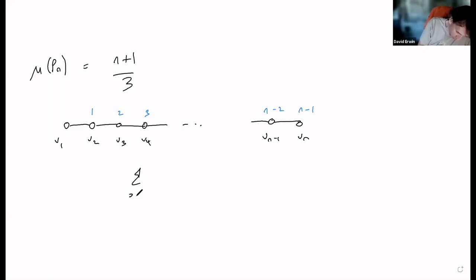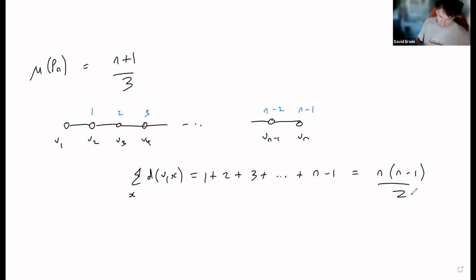So over all x, the sum of the distance from v1 to x is 1 plus 2 plus, and so on, which of course is n times (n minus 1) over 2, or n choose 2.